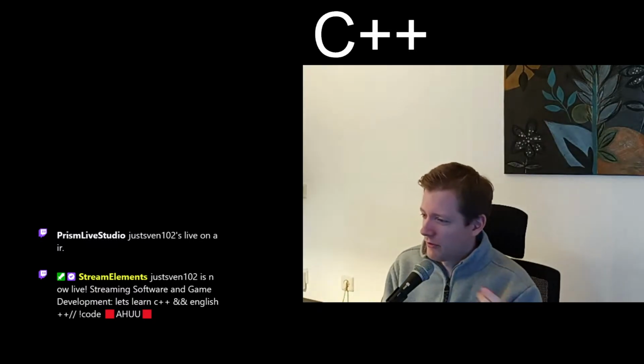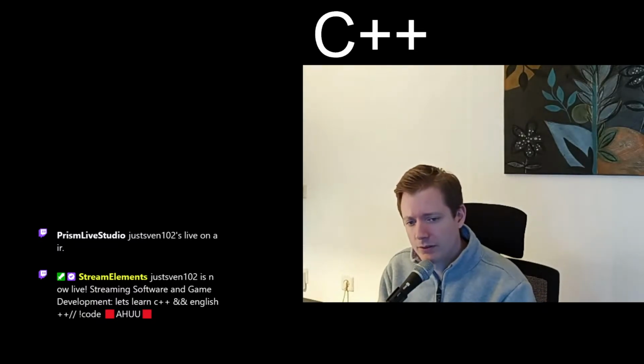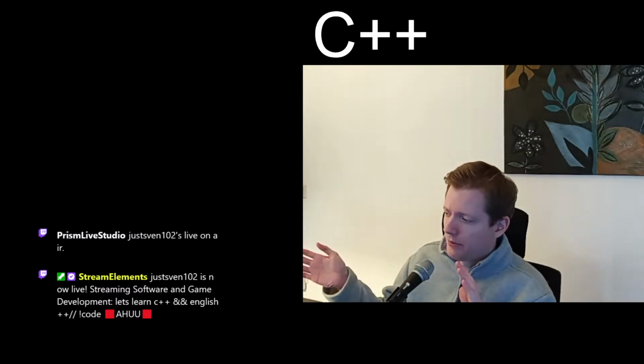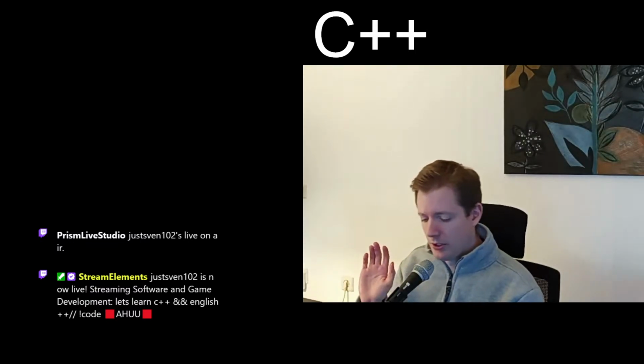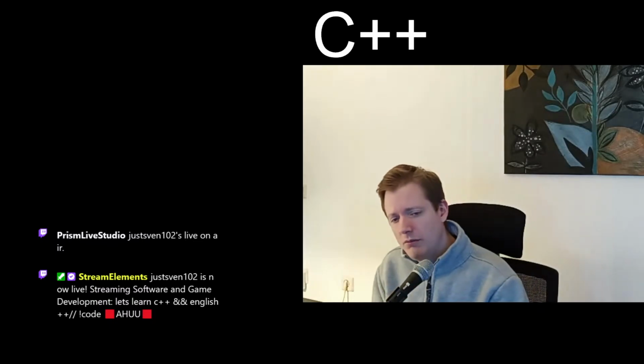Most of the time I'm just using std::vector or std::array. I'm not gonna use the C-style everything. Maybe there are some use cases for that. If you're comparing, for example, the C-style array and the std::array, I don't know what the difference is there. So we're gonna see.